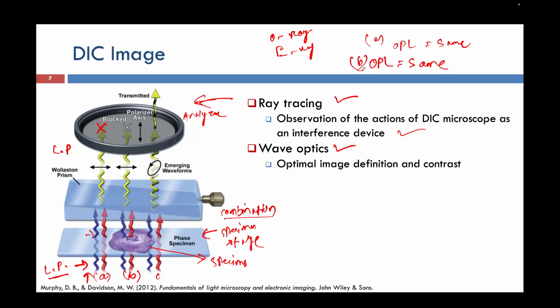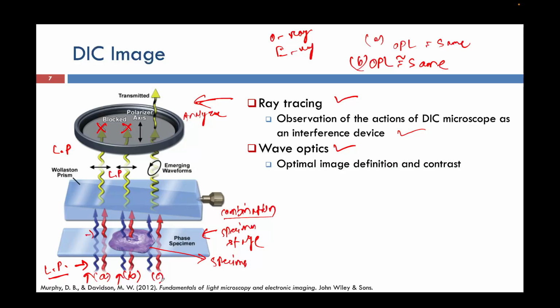It might be different, but that difference is not significant enough for us to see changes in the derivative. So in this case also they are the same. After combination, the linearly polarized light will remain as it is, so this wave will also be blocked, right?